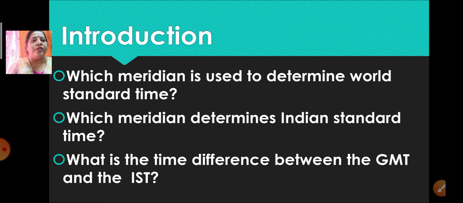Yes children, we have learned many a time about this. It is nearly 5.5 hours. Okay, 5.5 hours time difference is there between the GMT and the IST. Okay children. Now the next thing.